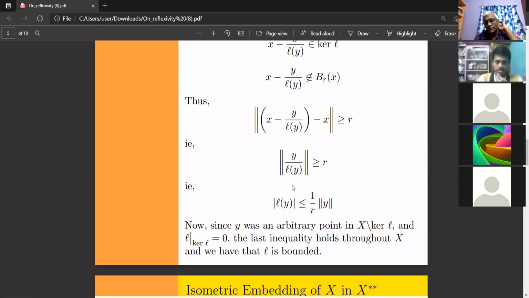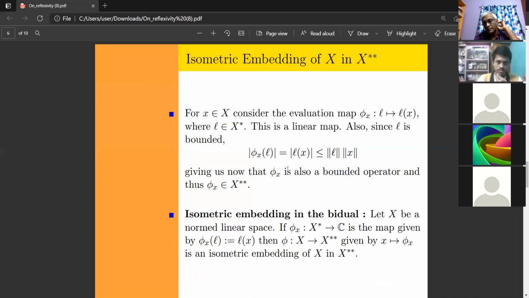Okay. So now for the embedding of H in H double star. Let phi h be the evaluation map, L going to L of h, where L is in H star.